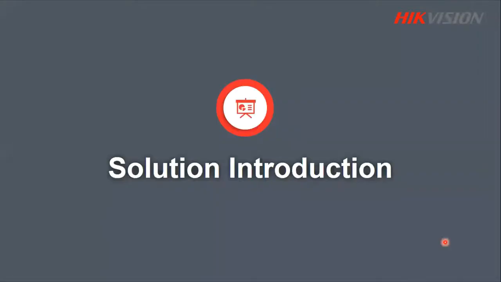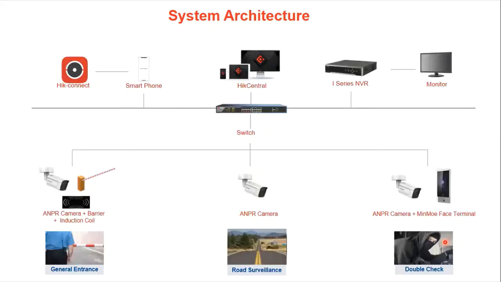All right, for the solution introduction, just to quickly go over this. Here we've got your ANPR camera, a swing gate barrier of some kind, could be a gate or a boom. Then an induction coil or some kind of triggering device to tell the camera, listen, there's a vehicle now, check the number plate, and then control the boom the way that it should be.